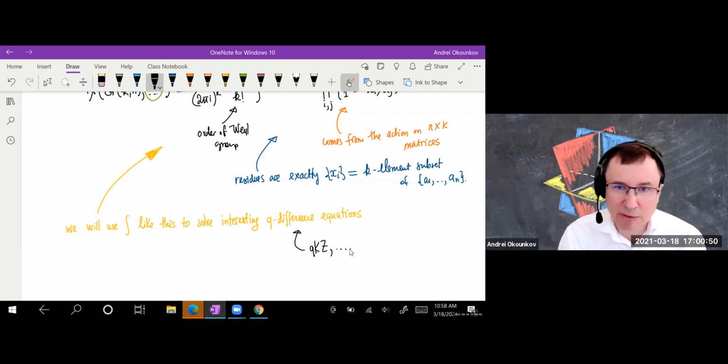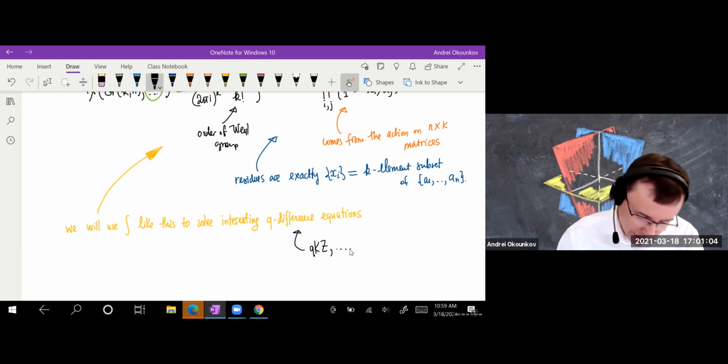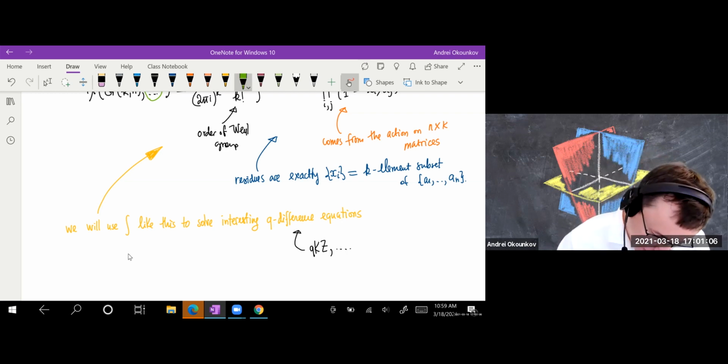QKZ is an equation that comes up in the analysis of solvable lattice models in statistical mechanics, for instance, and other objects. If you have an integral solution, you immediately see things like monodromy, special values, and so forth.